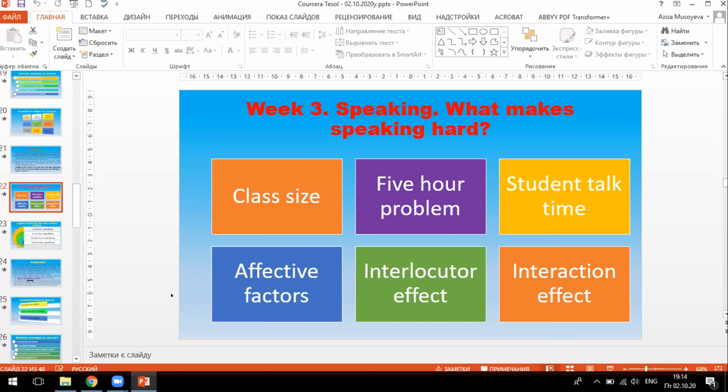But again, it depends on personal perception as well, and on personal abilities, because we have different learners, like visual, audio and kinesthetic learners. So this also influences them, because if he's an audio learner, he can get listening better.